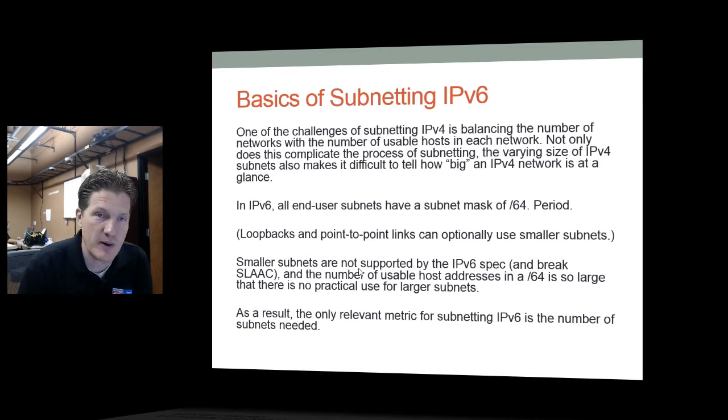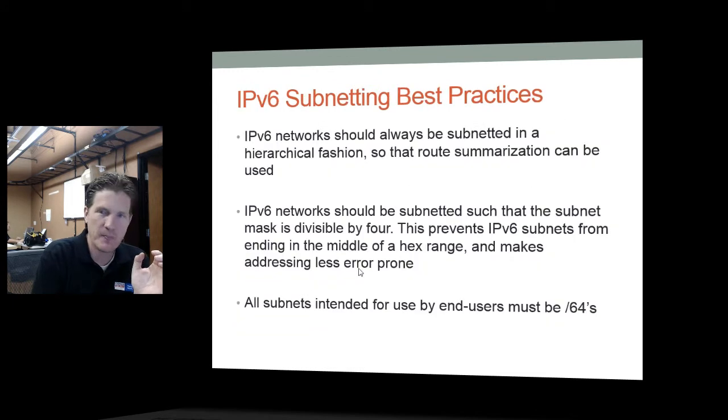It'll also break some other router advertisement features, so be very careful when trying to create smaller subnets, even if you want to. The only thing you need to know when calculating an IP version 6 subnet is the number of subnets you need. Never worry about the number of hosts, unless, of course, you have this gigantic intergalactic network that takes billions of hosts, but I don't think you do.